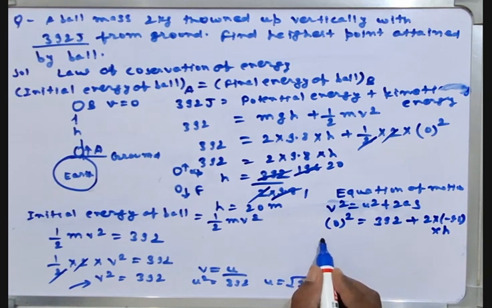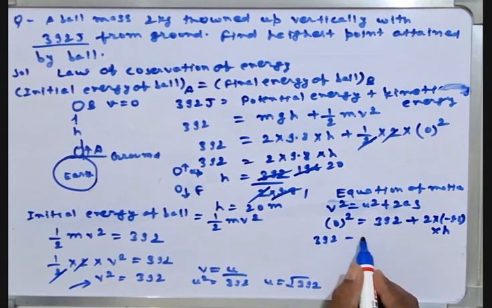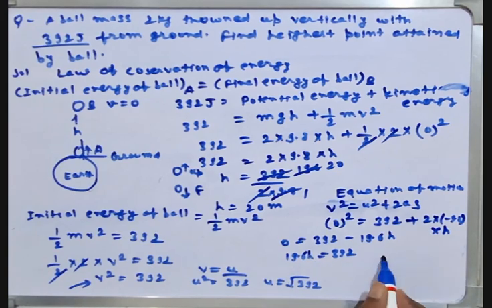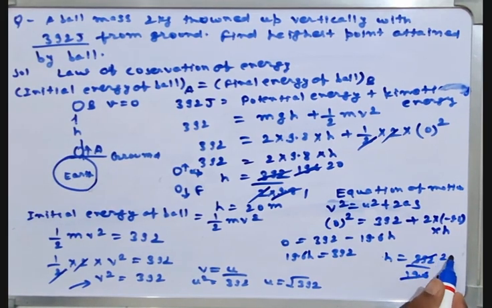Then we can further write 0 equals 392 minus 19.6 h, or h equals 392 over 19.6, which is 20, so h is 20 meter.